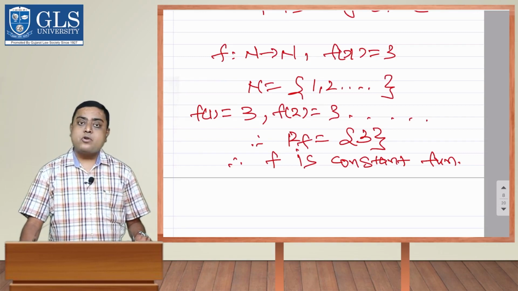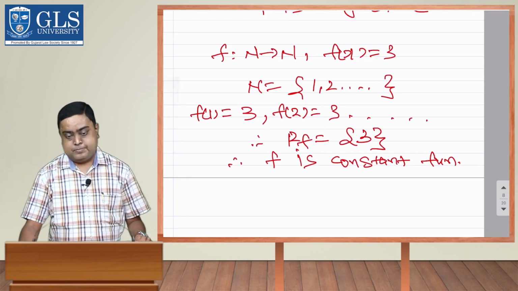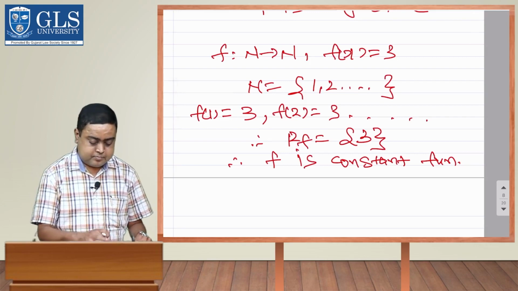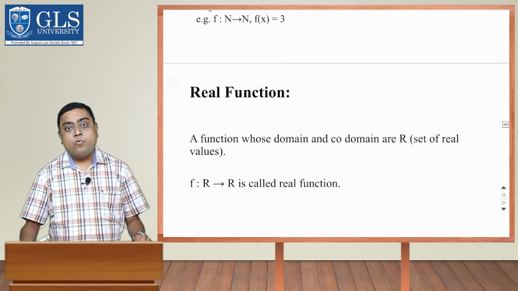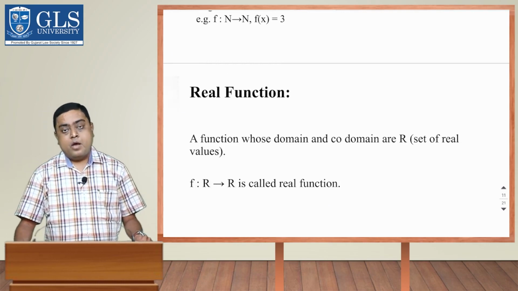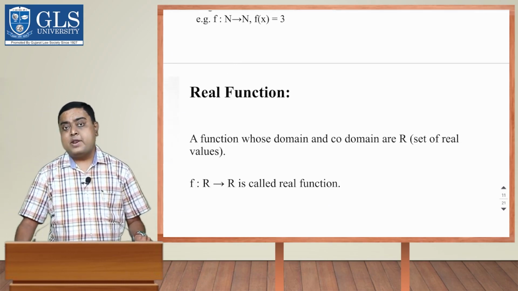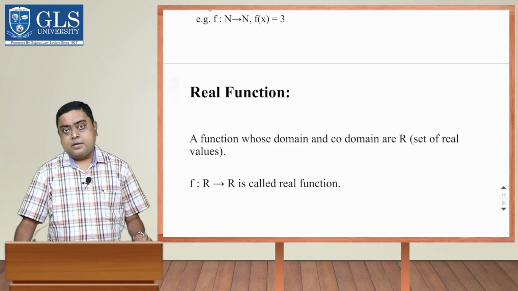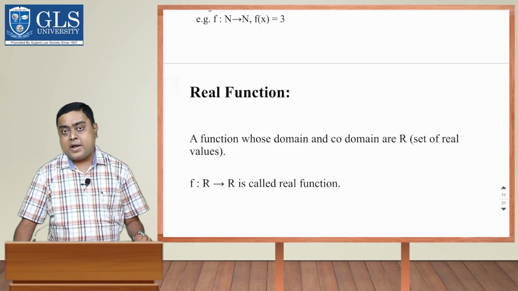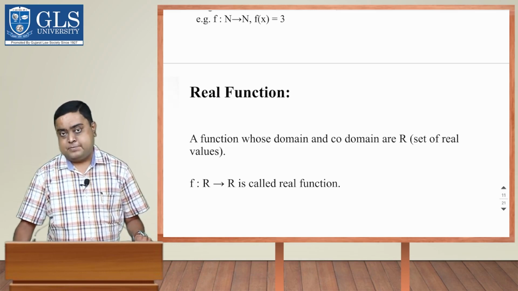Now friends, we are going to see real functions. What is a real function? A function whose domain and codomain are the set of real values, that is, f from R to R is called a real function.